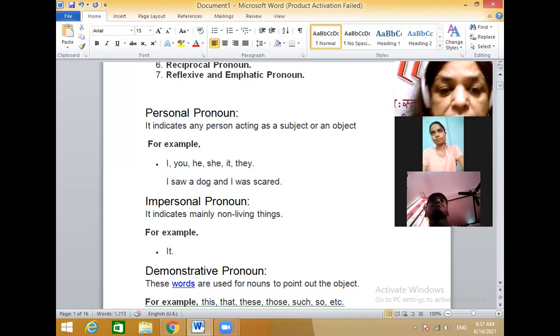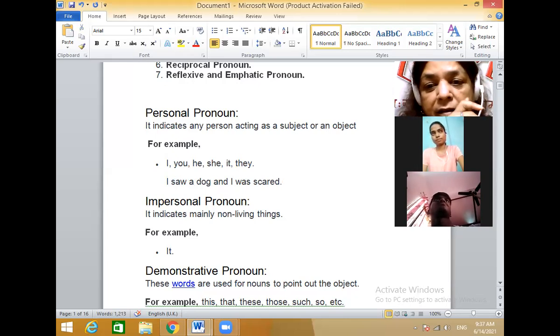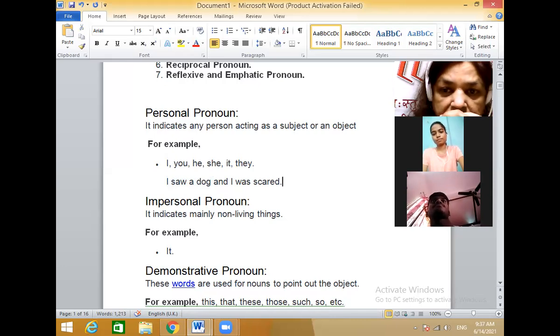Now convert that into compound complex. In compound complex, there has to be one sentence which is incomplete and one sentence which is complete. The clauses I'm talking about.